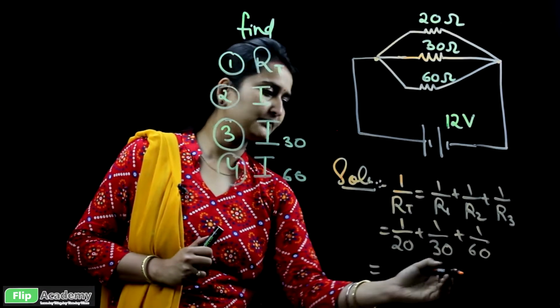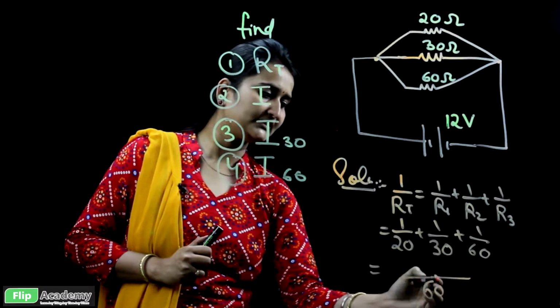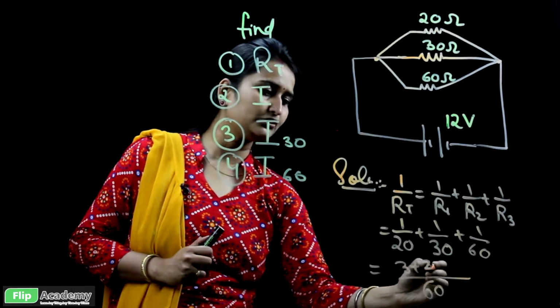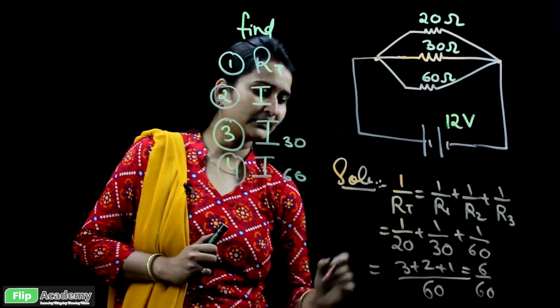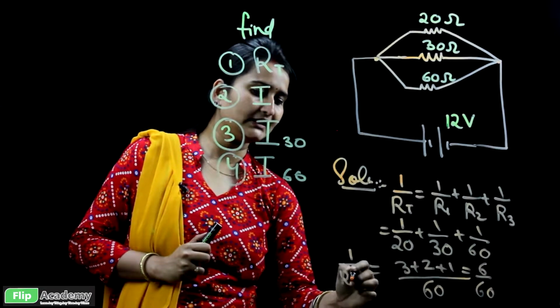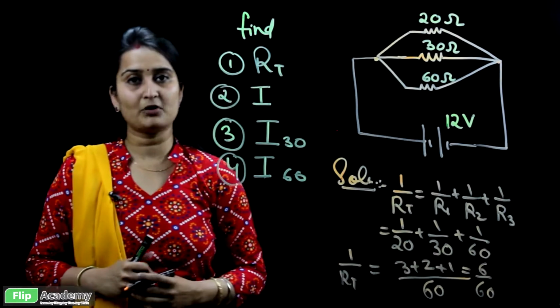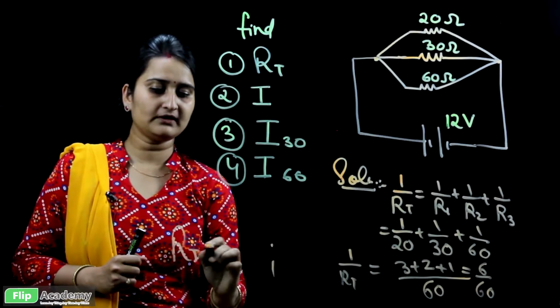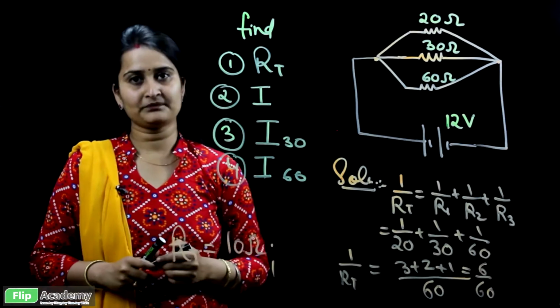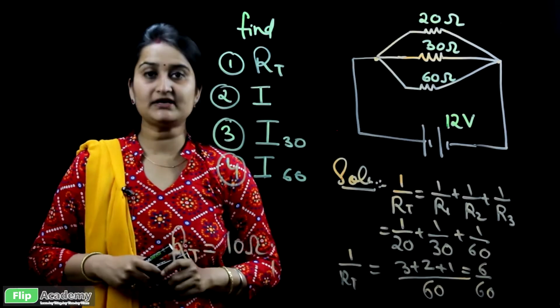Now solve this. Take the LCM, 60: 3 plus 2 plus 1 becomes 6 upon 60. That is, 1 upon RT is equal to 6 upon 60. So what will be RT? RT would be 10 ohm. So this is the first part that we can solve.